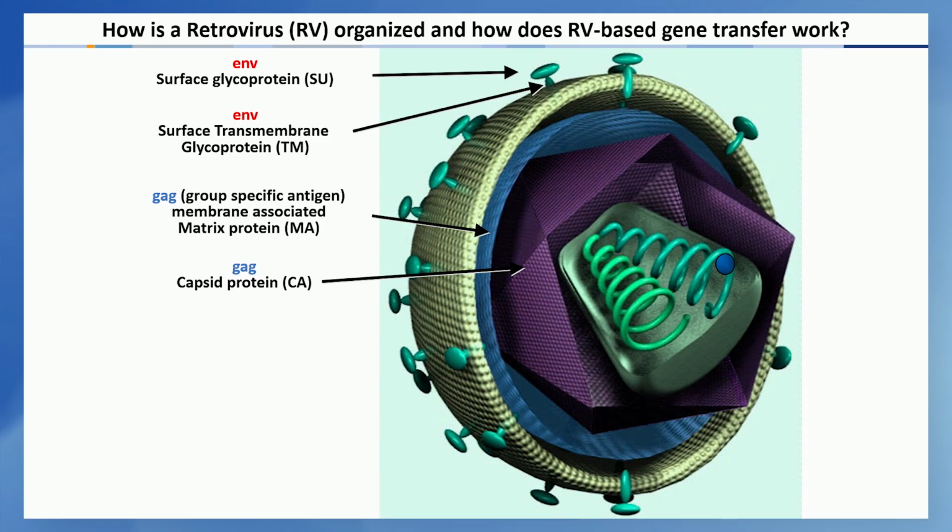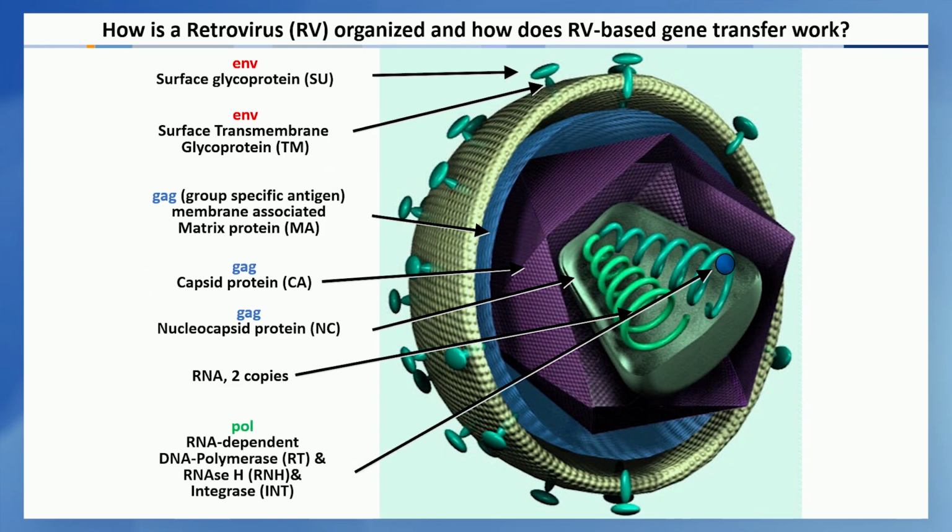So the capsid protein, part of GAG, and the nucleocapsid as a shell enclose both genomes, which are two copies of an RNA of positive polarity. A single-stranded RNA of positive polarity means that the RNA possesses messenger RNA polarity, meaning that this genome can be directly translated.